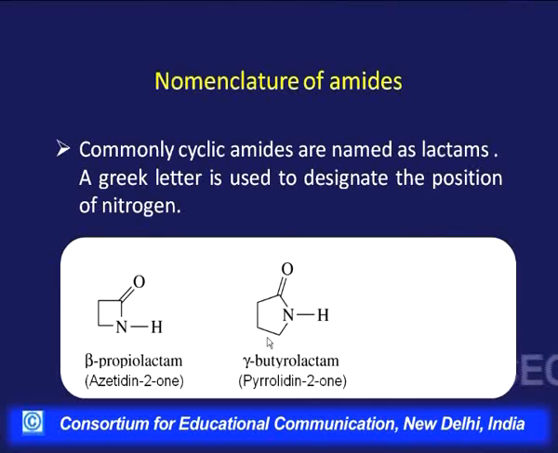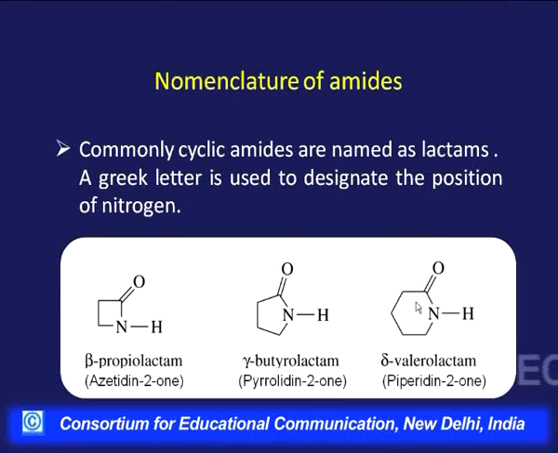For the IUPAC name, this is considered as a derivative of the 5-membered heterocyclic compound pyrrole, and when the double bonds are reduced, it becomes pyrrolidine, and then there is a carbonyl at carbon number 2. So, this is named as pyrrolidine 2-one.